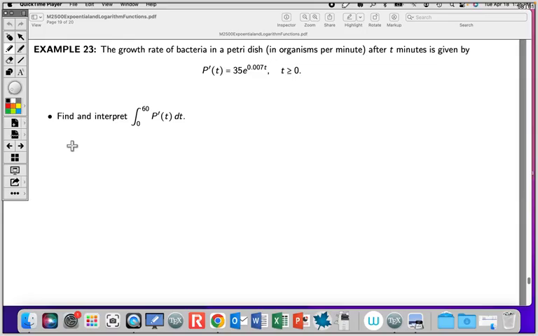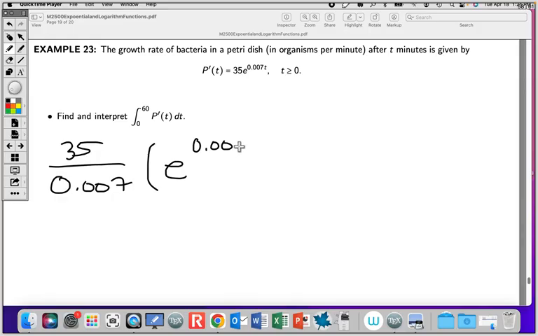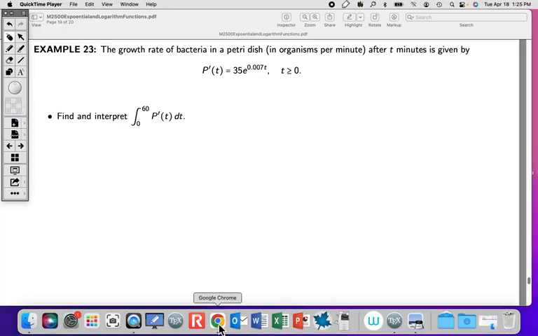So we've got 35 over 0.007 times e to the 0.007 times 60 minus e to the 0.007 times 0. And we'll fire up Desmos here to help us with some of these calculations.